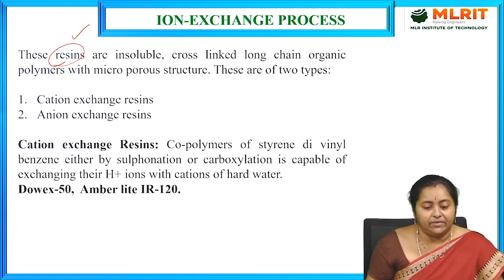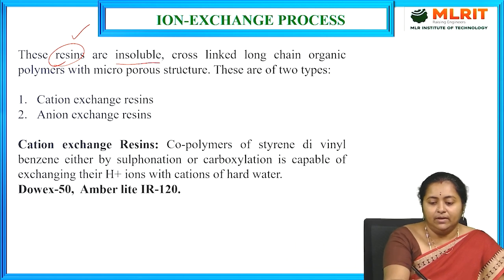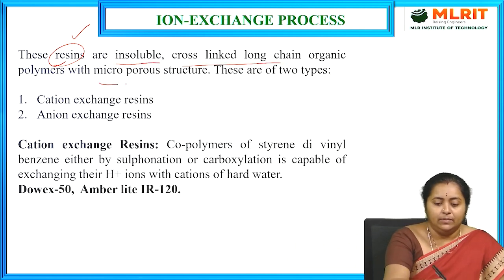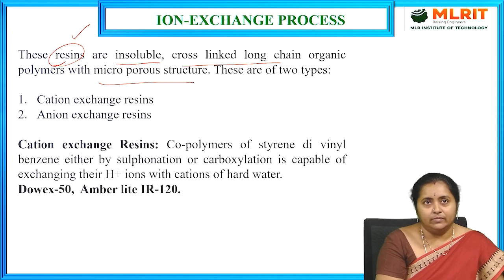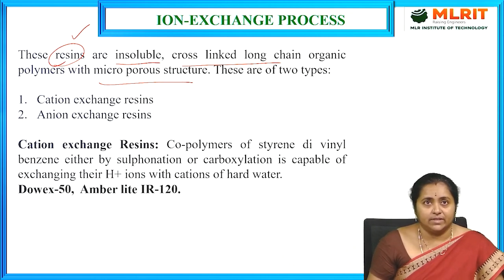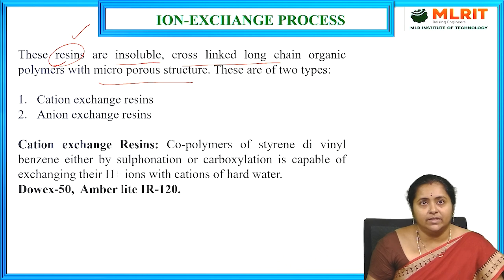Resins can be defined as insoluble cross-linked organic long chain polymers which have a porous structure, which have a microporous structure. What do you mean by porous structure? Just like a sponge. Whenever it is dipped in a bowl of water, it is able to absorb that water content.